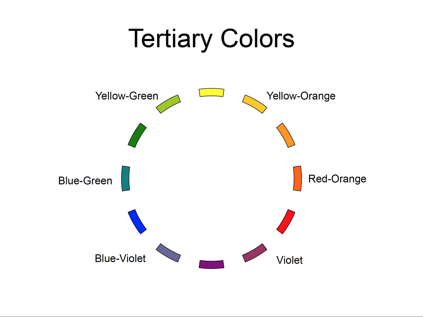A tertiary, it's easy to pick out by looking at the color name. So you have yellow-orange, red-orange, and that should be red-violet down there. I just noticed a typo. Blue-violet, blue-green, and yellow-green. They're hyphenated and they have the primary name in front always. That's a convention. And then the secondary color afterwards. So it goes primary, secondary in the mixture.